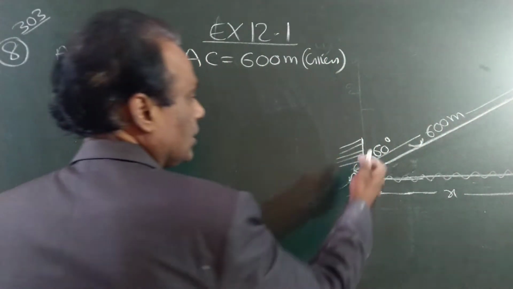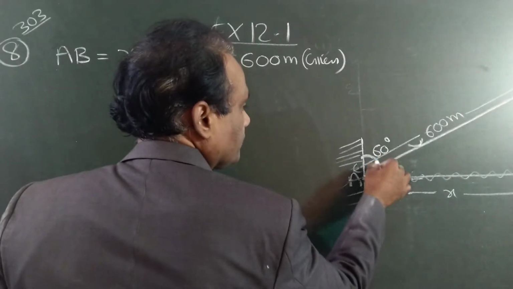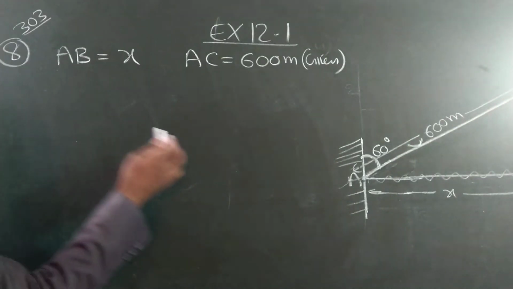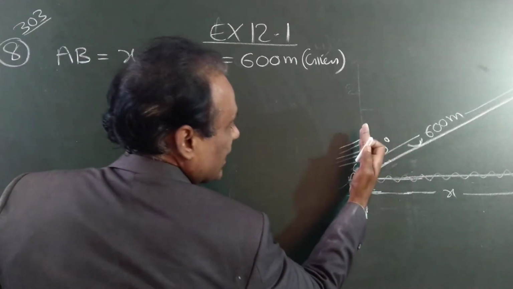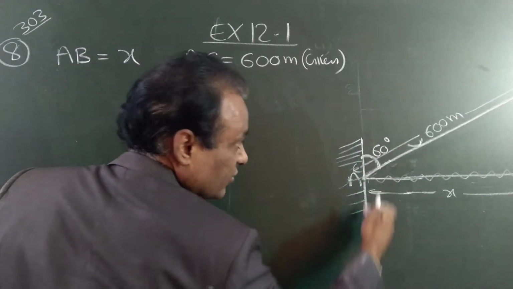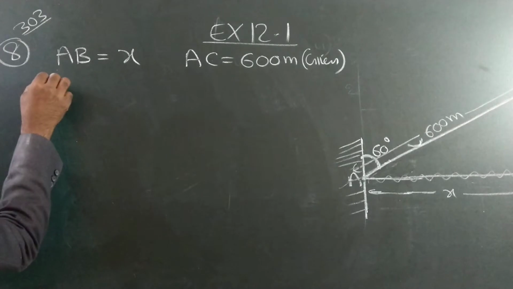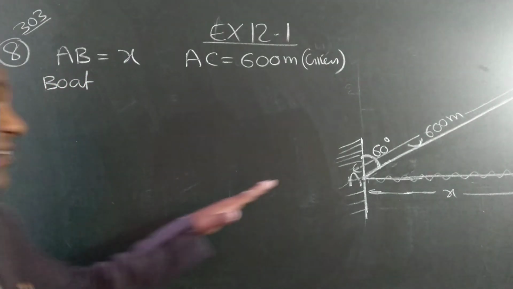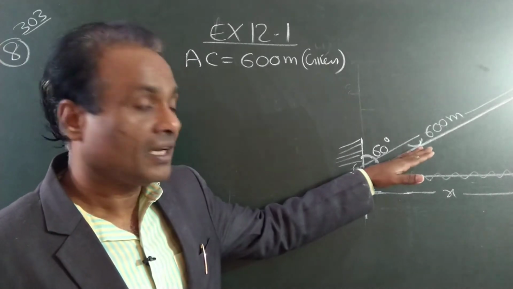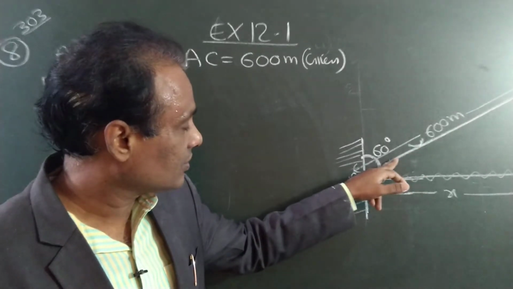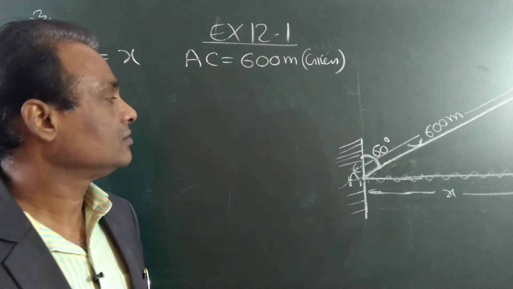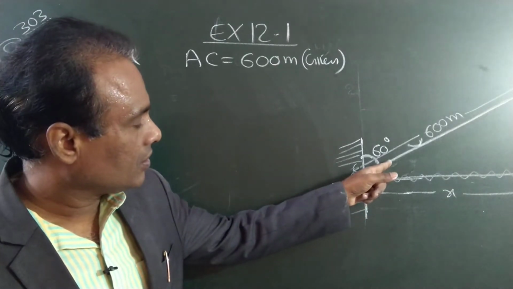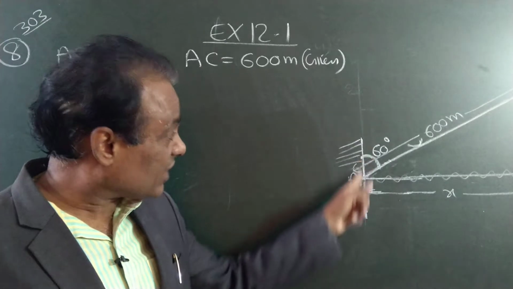Next, write down: the boat makes an angle of 60 degrees with the bank. The boat is traveling by making 60 degrees with the bank.